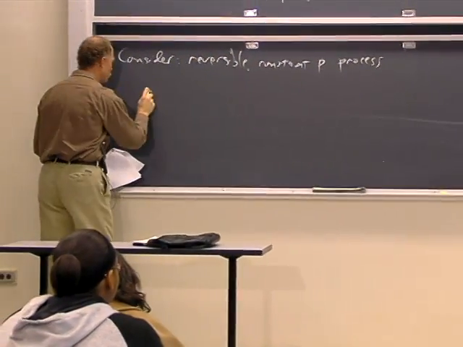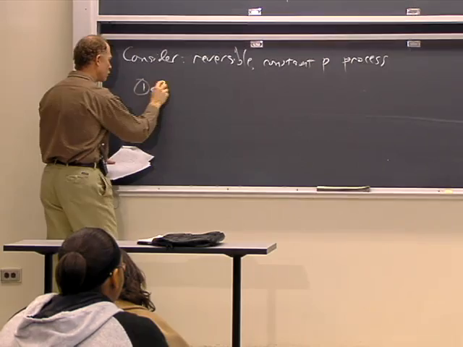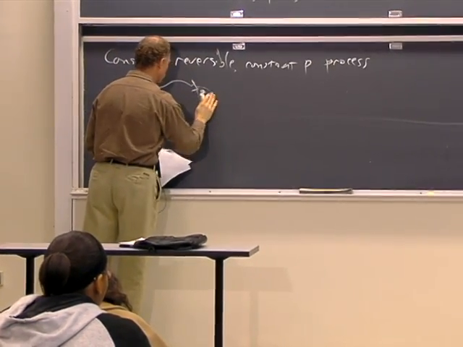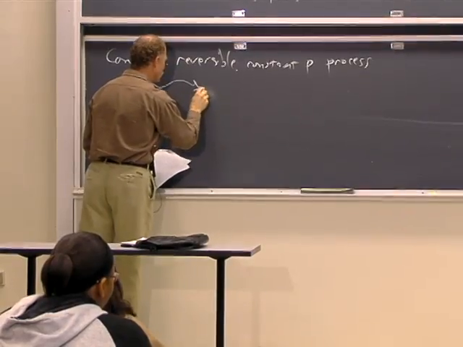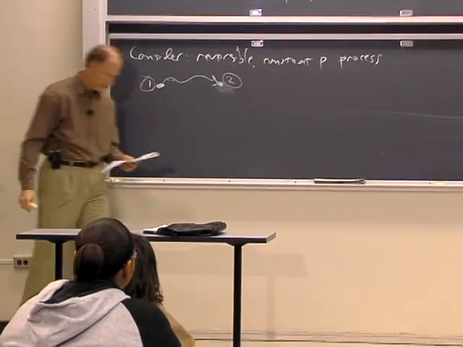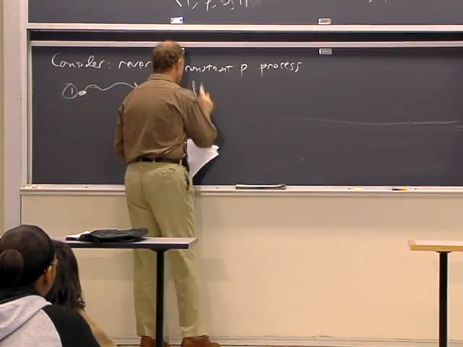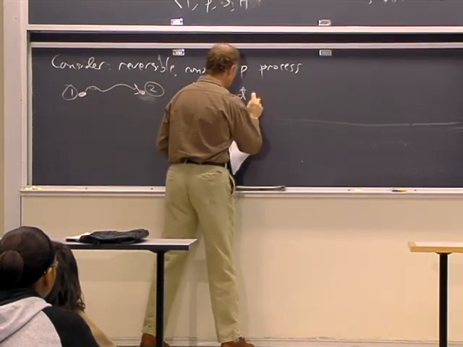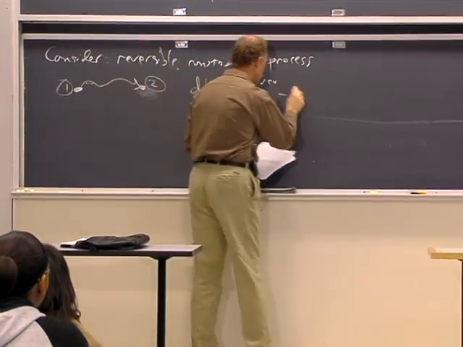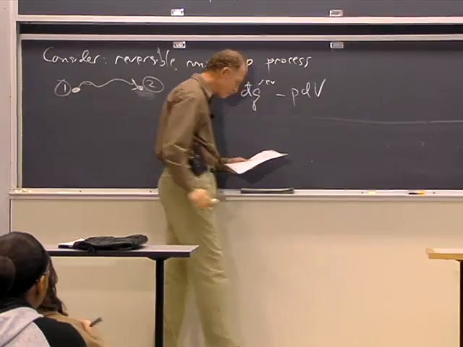So, okay, I've got one, and in some path, I'm going to wind up at state 2. And I'll write dU is dq reversible in this case, minus p dV.